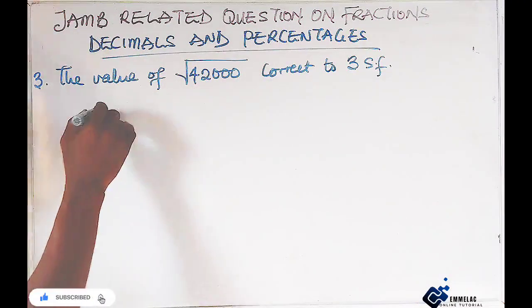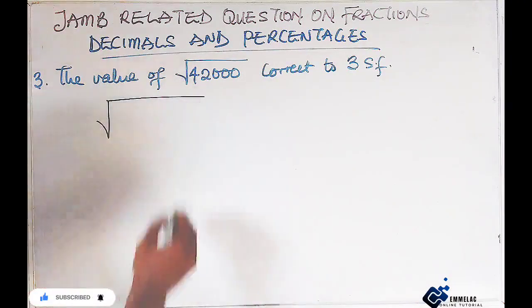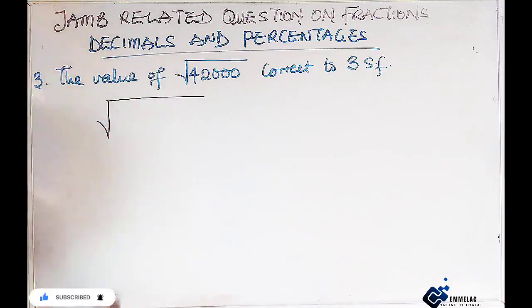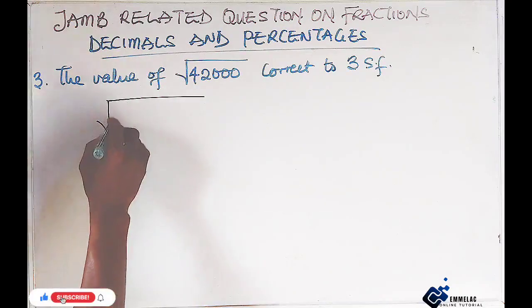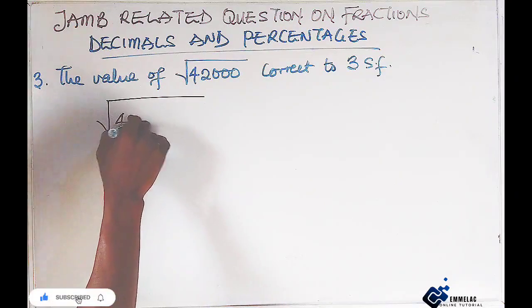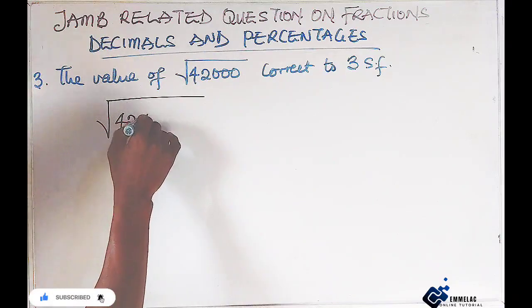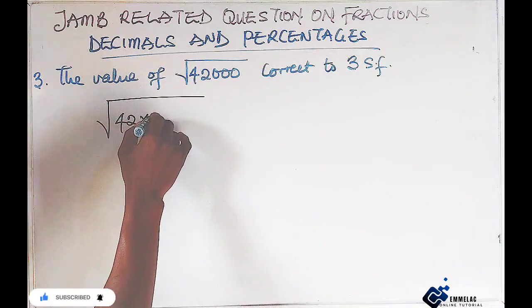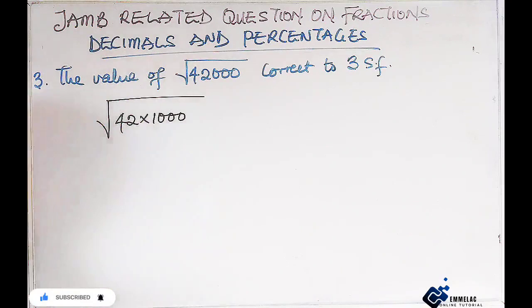First of all, you can just plug this into your calculator and sort yourself out, but let us use normal arithmetic. Here we can split this figure into 2 parts, 42 and 1,000.